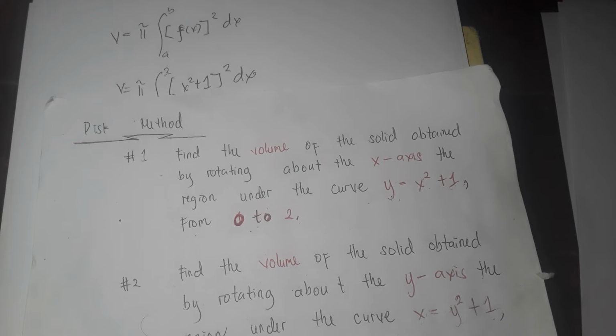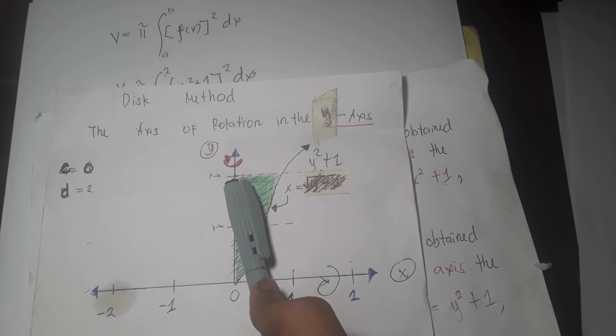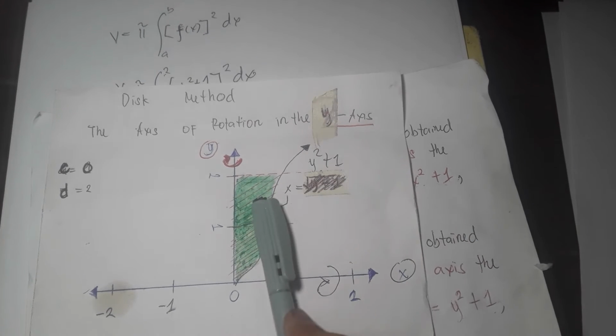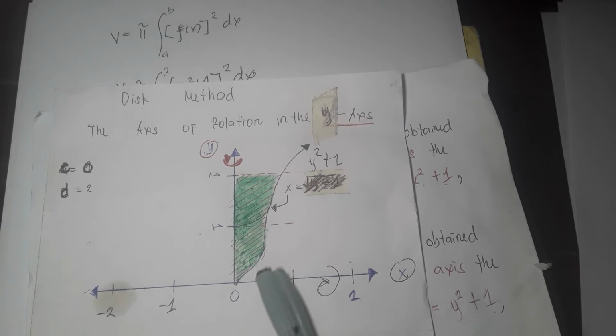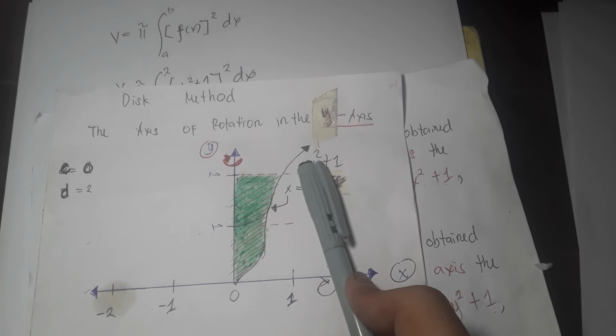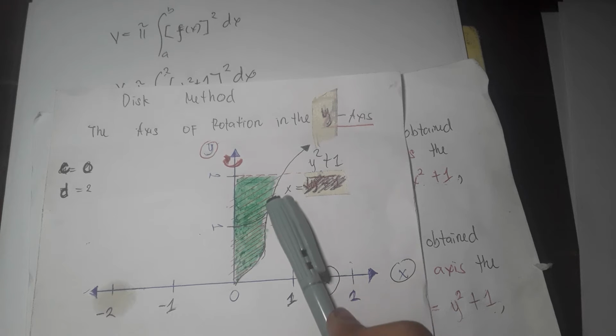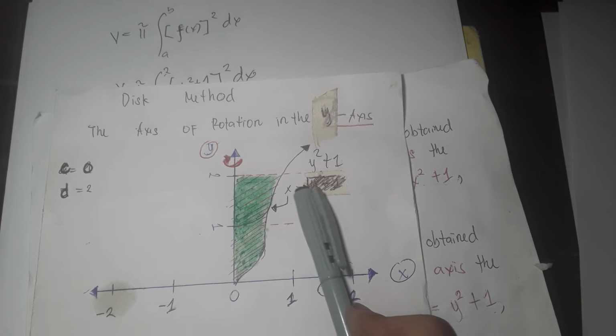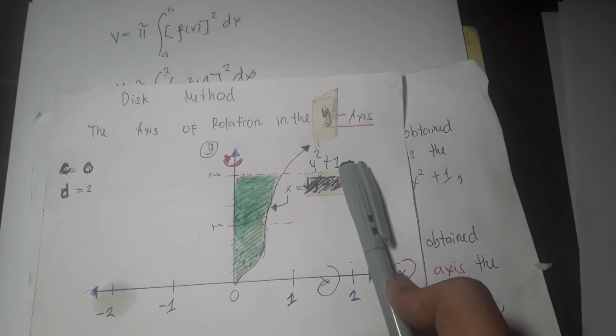For the rotation about the y-axis, we have here the interval from 0 to 2. So the rotation is about the y-axis. Let this curve here be the value of our radius, or the value of our x, y squared plus 1.